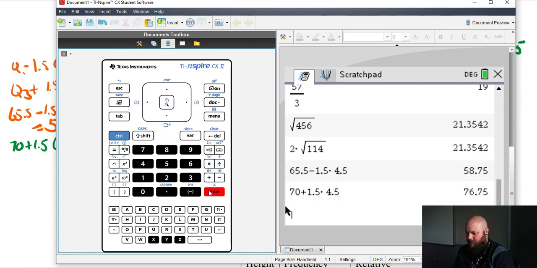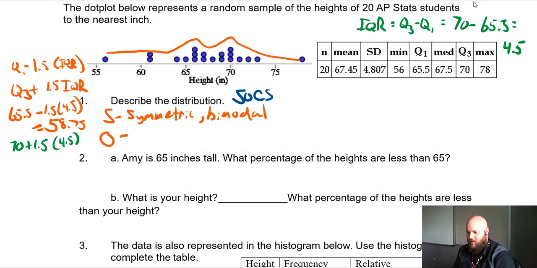So 76.75. So that equals 76.75. So now for this first one, the 58.75, anything below that value of 58.75, so I did orange, I'm just going to make it orange, make a line here.